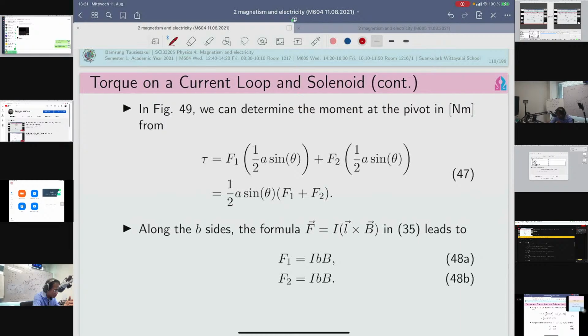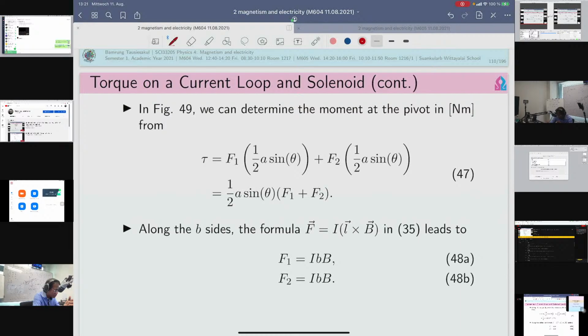That's why we have nothing at all at this location. You can see this is the number 1. Actually it's sine theta, but theta is 90, that's why we get only the number 1 here. The general version is F times A by 2 sine theta.